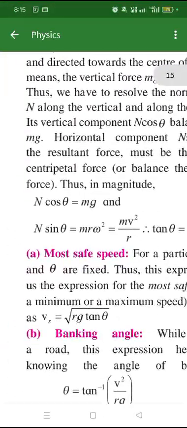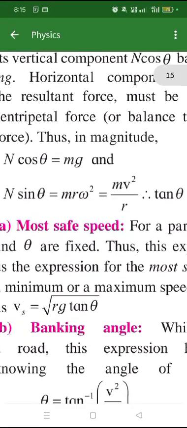Then in order to calculate the formula, we go for force balance. Both the forces balance each other, and N sine theta will be balanced by the centrifugal force, which acts on an object when it is going on the curved surface.